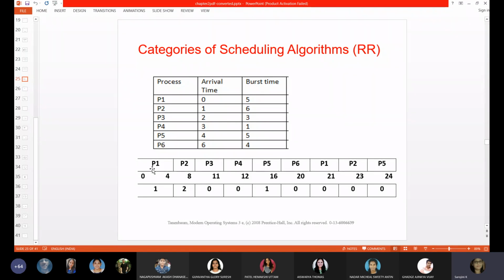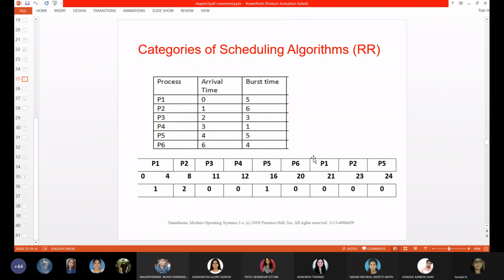Any process entering the CPU can use it continuously for 4 milliseconds or less, a maximum of 4 milliseconds. Why is this done? Because then all the processes will get a chance, no starvation will be there, and none of the processes will starve.